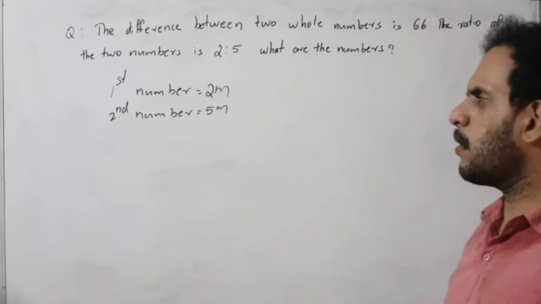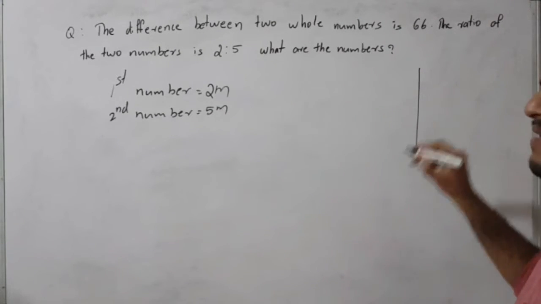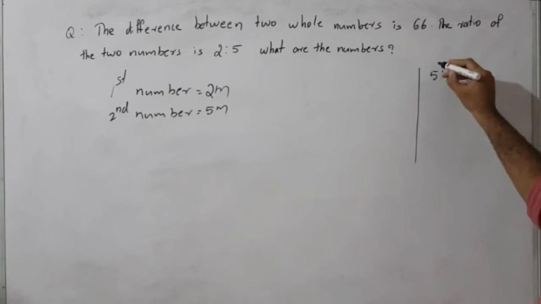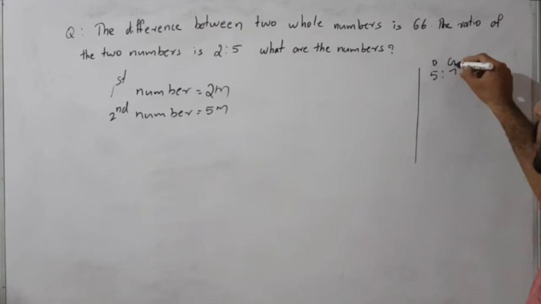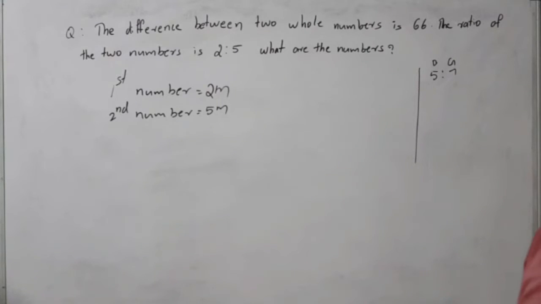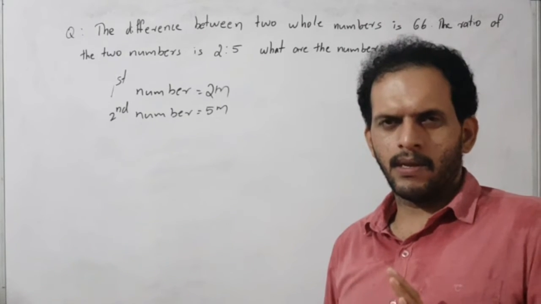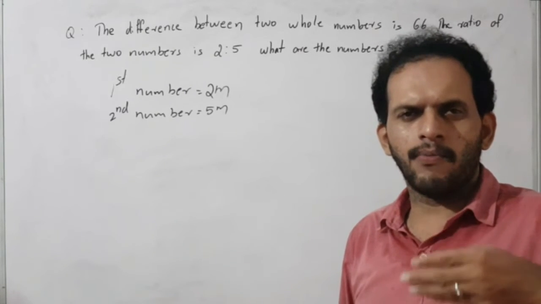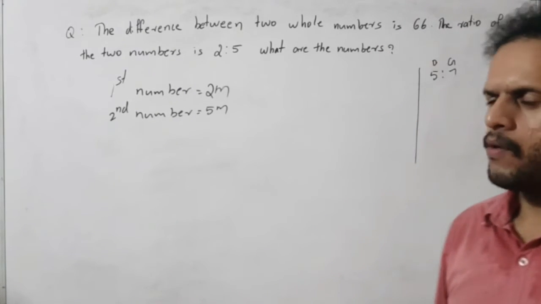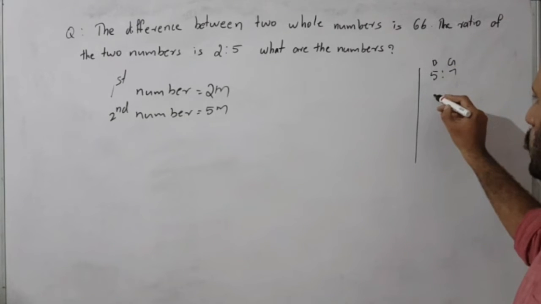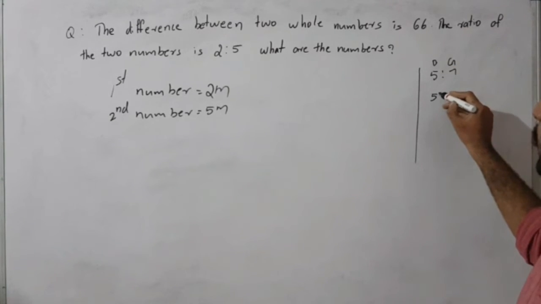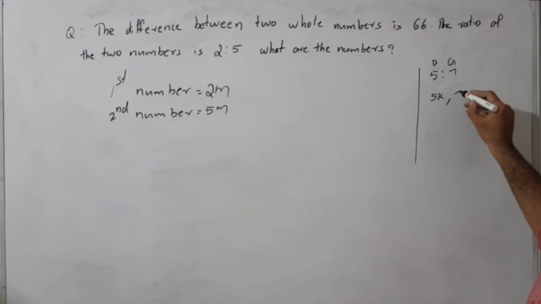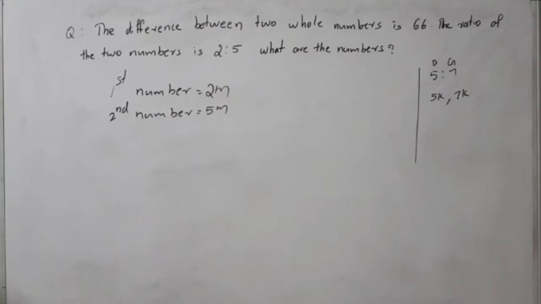If the ratio is given like this: the number of boys and girls in a class is 5:7. Suppose boys and girls are in the form of 5:7. Then how do we take the number of boys and number of girls? We take the number of boys is equal to 5 and one variable k, number of girls is equal to the same variable and 7k.